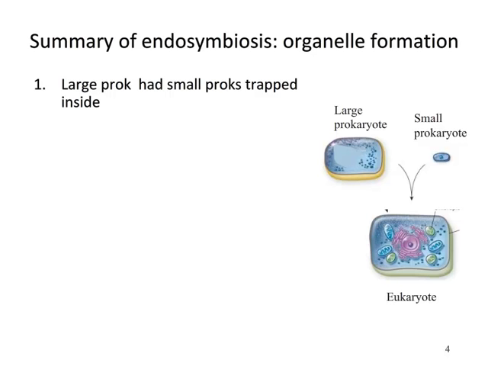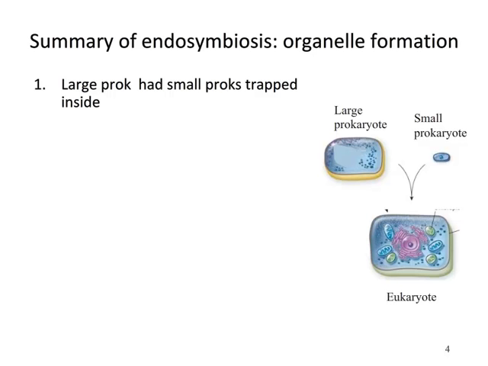And you can see in the diagram on this page the image of a large prokaryotic cell and a small prokaryotic cell. So imagine those two side by side existing in the same environment and getting closer and closer together. Once those small prokaryotic cells got trapped inside the larger prokaryotic cells, the small prokaryotes evolved into organelles.